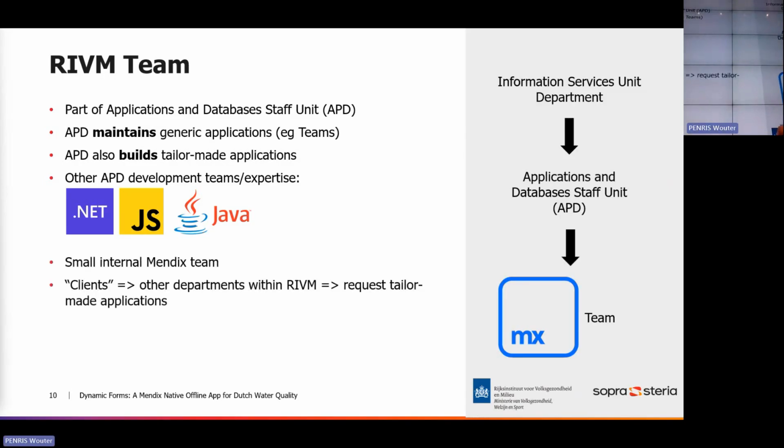Our clients are other departments within RIVM, and they have requests for tailor-made applications. For example, we created an application for the Center for Infections and Diseases. And because we're a small team, sometimes we need some help, and we're really glad that Sopra Steria provides us that when needed.